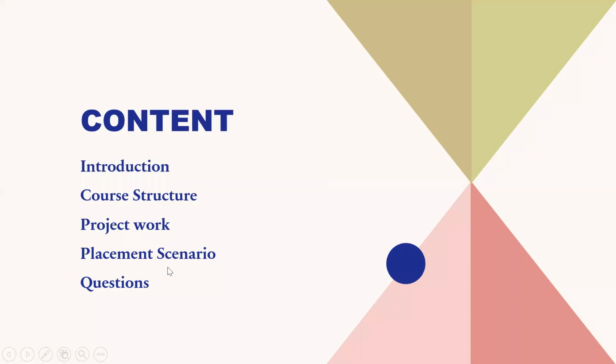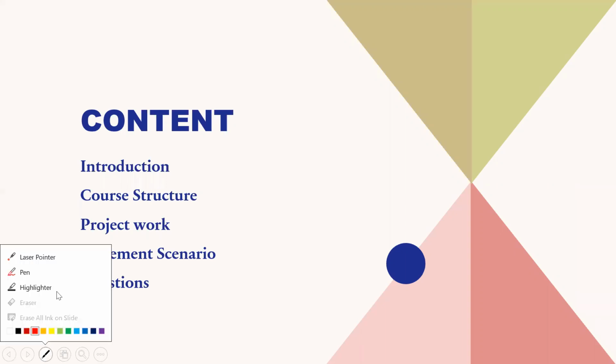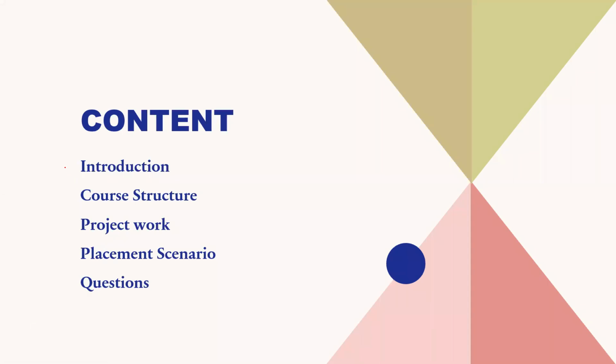So the content that I have designed will flow like this. I'll cover some introduction, then the course structure. Then I'll talk about the courses that we have done in semester 1 and 2, and after that the project work, which is also very important.